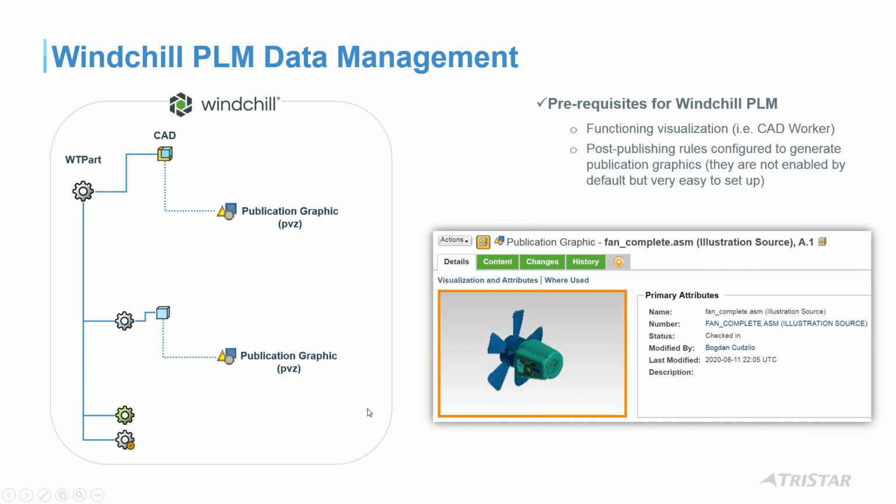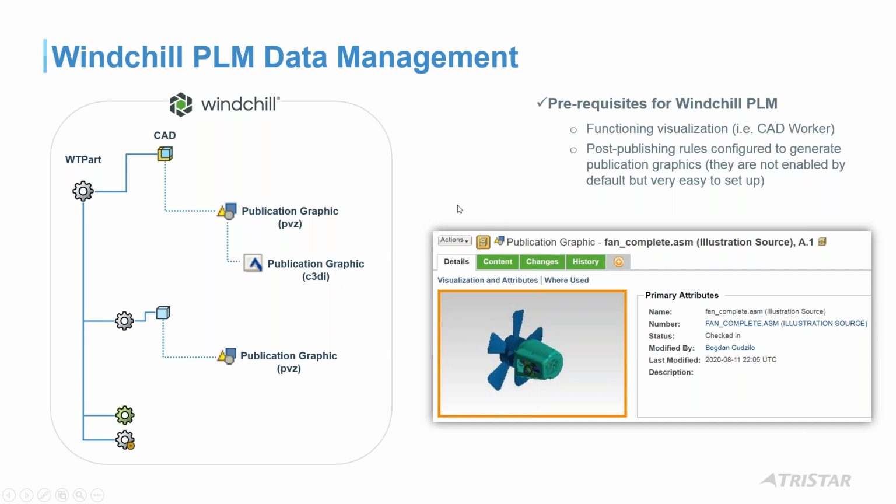So assemblies, parts can have that publication graphic, and it's its own object in Windchill, so you can include it in your change management system by flagging it for modification. You can examine the links and the impact of changes to those publication graphics. Which version of the assembly am I using in my illustrations? And have they recently been modified that I need to update my illustrations with?